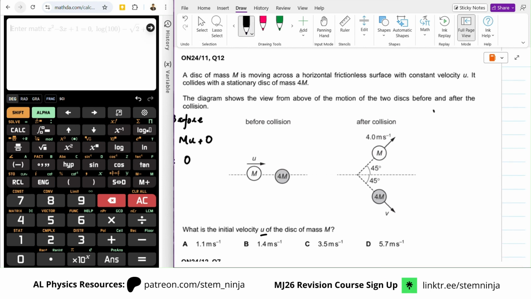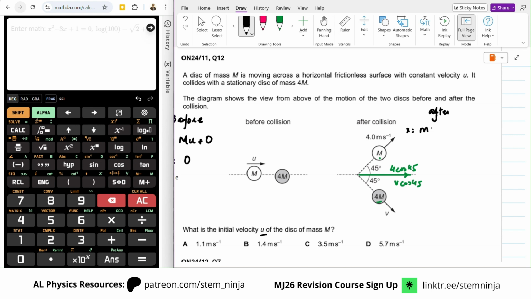For after, there is motion in both the cases. So let's see the x components first. So velocity over here is 4 cos 45, but with m also. And this would be v cos 45, but with 4m. So we have to be very careful with this.